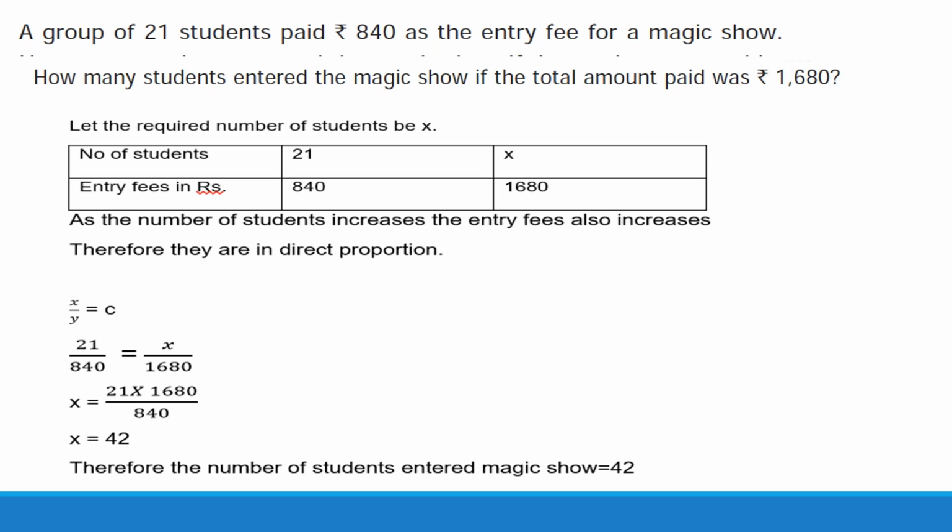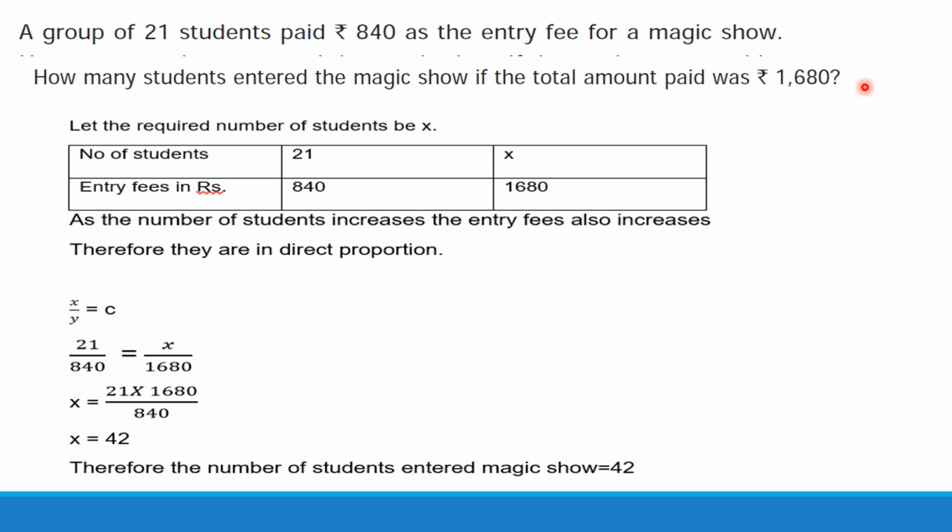Next question. A group of 21 students paid rupees 840 as the entry fee for a magic show. How many students entered the magic show if the total amount paid was rupees 1680? Here the required number of students we take as X. Two quantities, number of students and cost, entry fees.